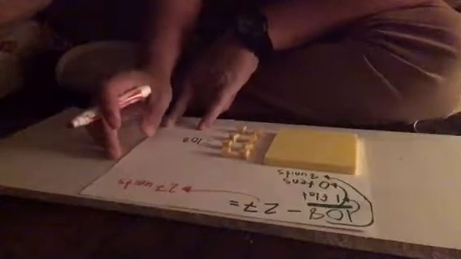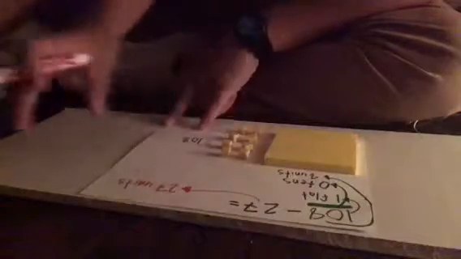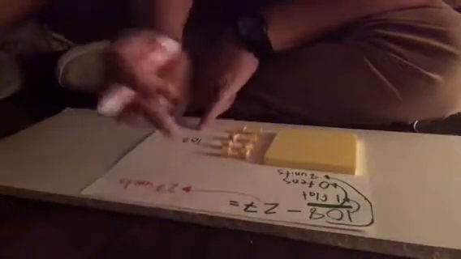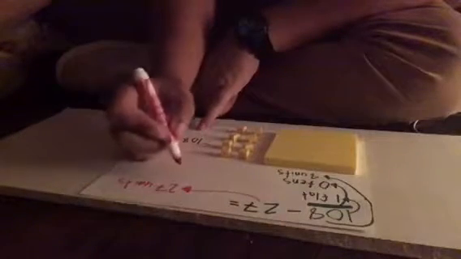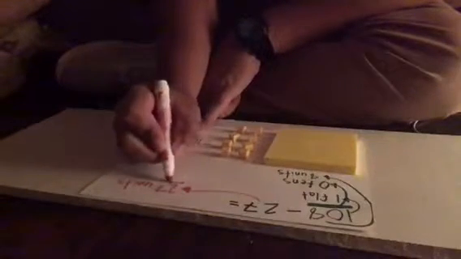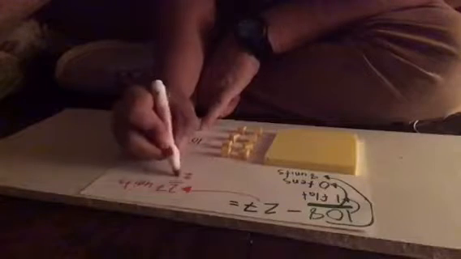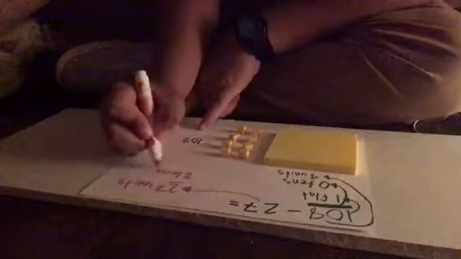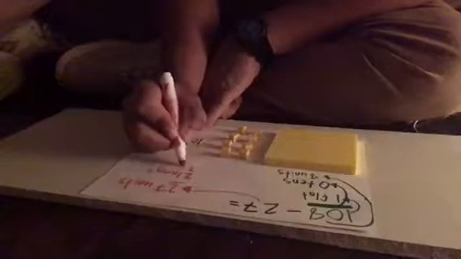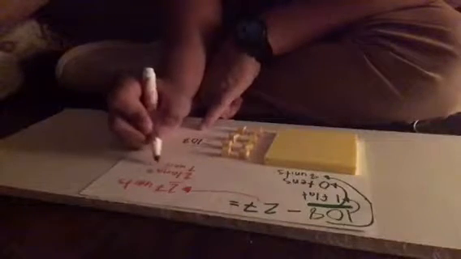So I'm gonna put them off to the side, and whatever I have left over should be my answer. So just to make sure, what I'm seeing here is going to be 2 longs and 7 units.